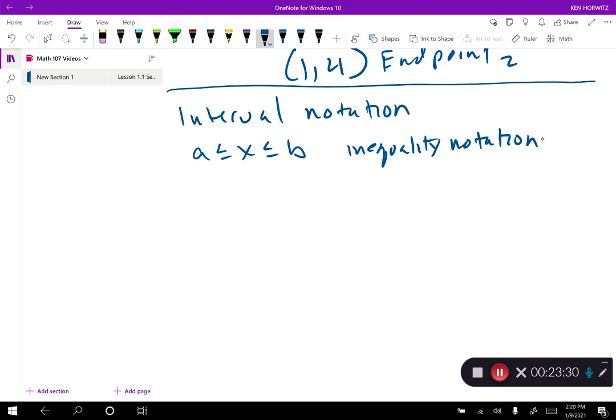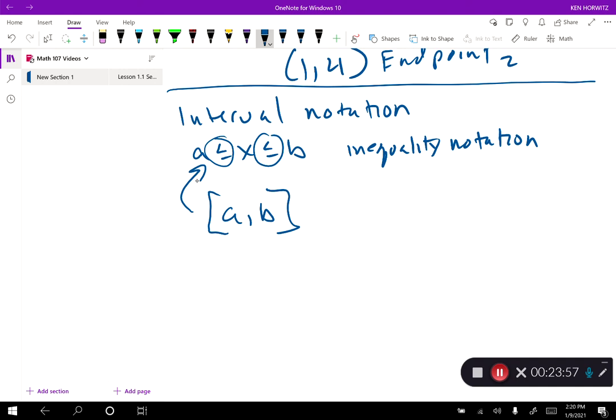Now, interval notation uses a series of brackets and parentheses. So for example, with this one, or equal to means a bracket. So I have a bracket a comma b in this case. And basically what this is saying is the same thing that this is saying. x could be any value between a and b, and it could be a and it could be b.